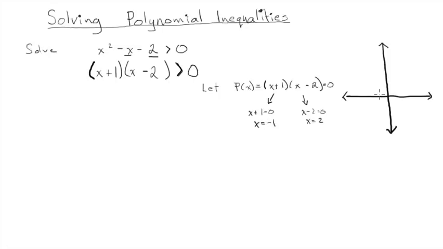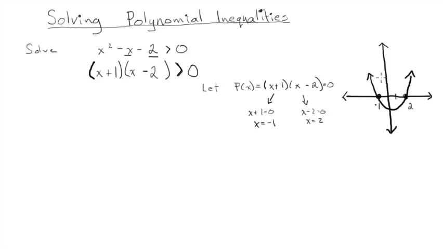So your x-intercepts are -1 and 2. And we know that it's a parabola facing up because the leading coefficient is positive.